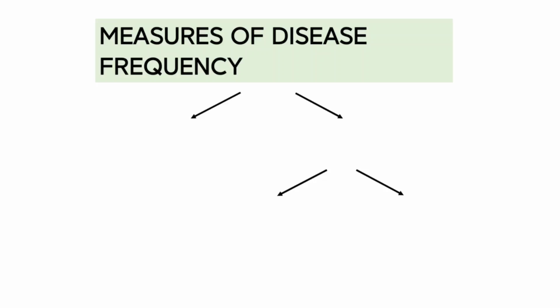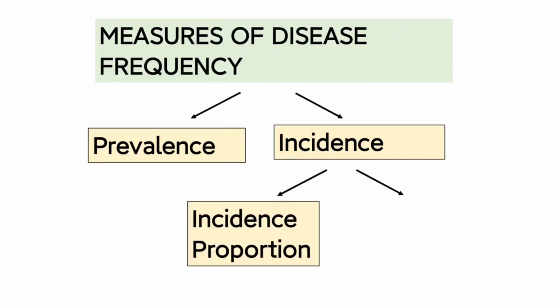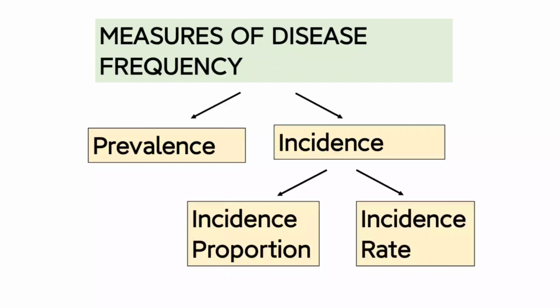Okay? So, you have two types of measures, incidence and prevalence. So, prevalence stands alone, the prevalence measure. Incidence, we have two. Incidence proportion, which we also call cumulative incidence, or the risk. Right? We compute for risk. When it is incidence rate, this is otherwise known as incidence density.